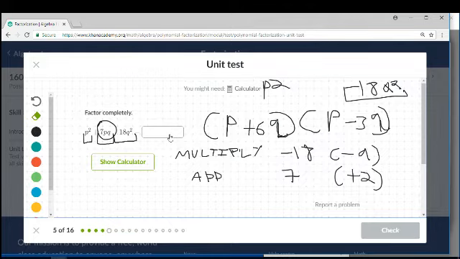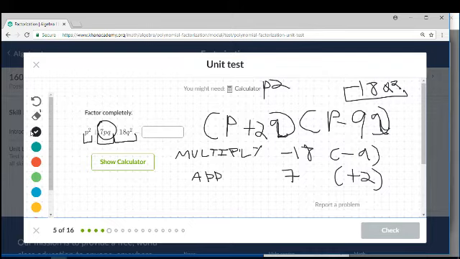So if we do p plus 2q and p minus 9q, so that's a 9, that's a q.